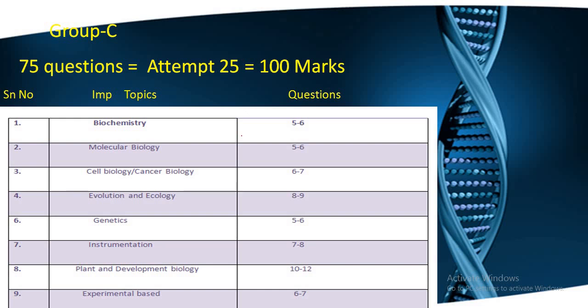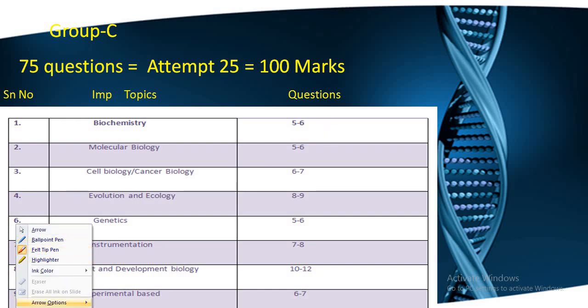I have seen that mostly in June they give a huge number of questions from plant parts. So don't skip this. And one of the other modules that I have not mentioned here is development biology. Development biology is a very important part. 4 to 5 questions also come from this dev bio.